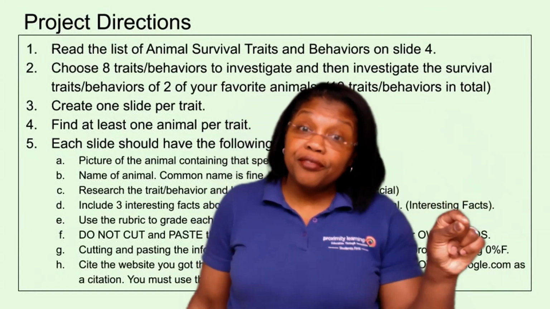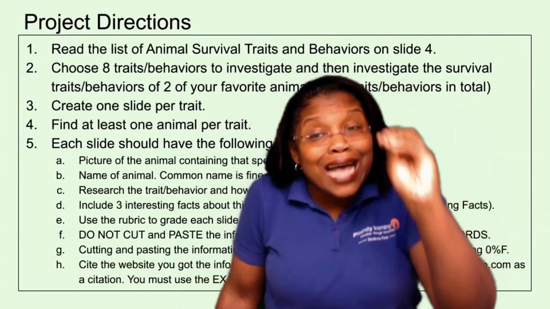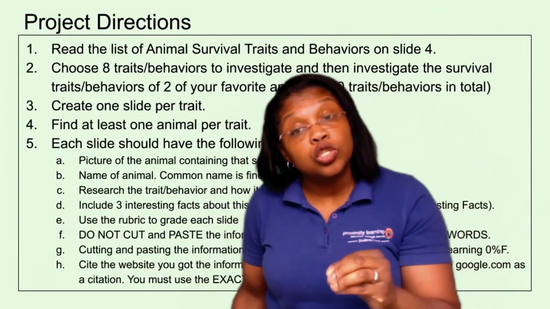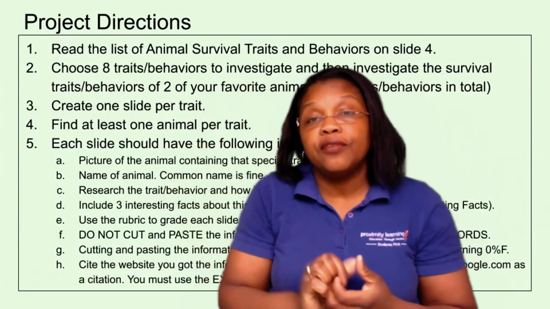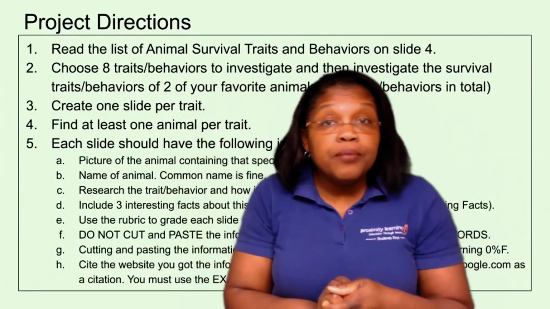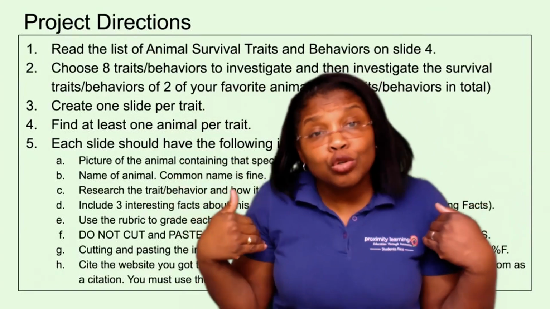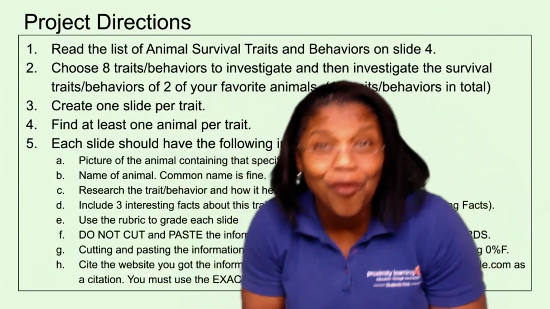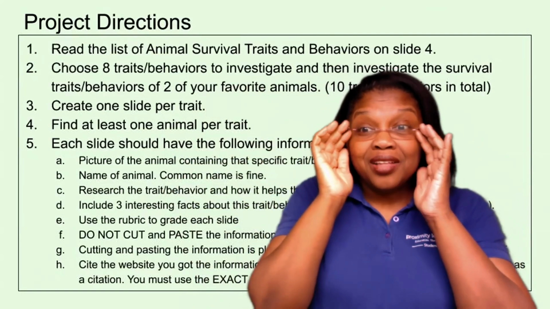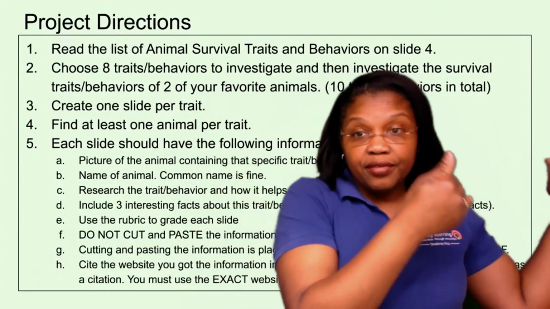You need to be specific. So you need to give me the exact website that you used, so that when I click on the link, I can go to the exact website that you got the information from. Don't give me a search engine. I am not searching Google for your one website. I don't have time for that. So you need to give me the exact website, and I will go over that again towards the end of the video.